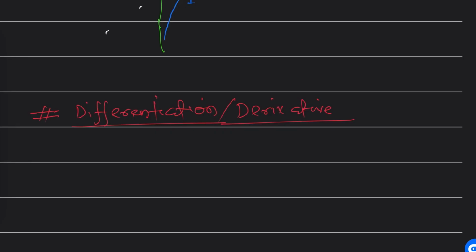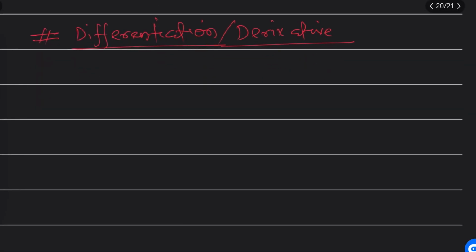Now let's start with this concept, that is differentiation. What is differentiation? If I ask you to divide your pen into the smallest piece, you will say atomic level, but you can't divide it to the atomic level.